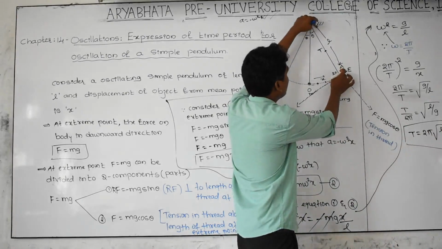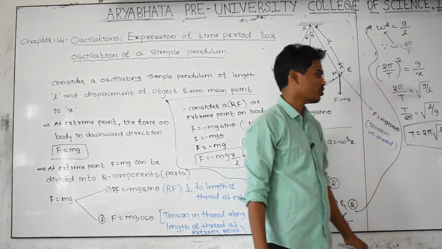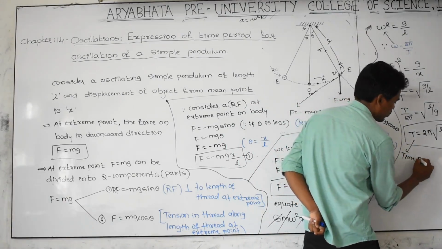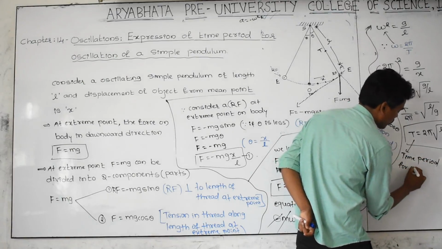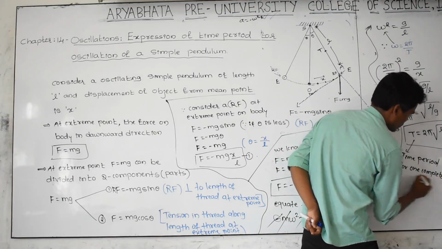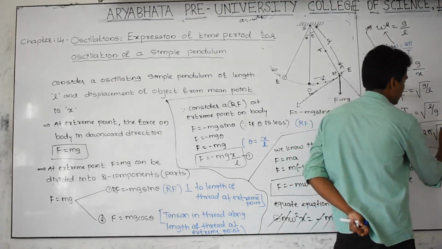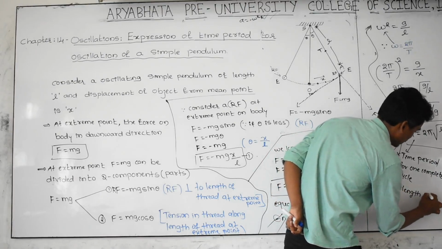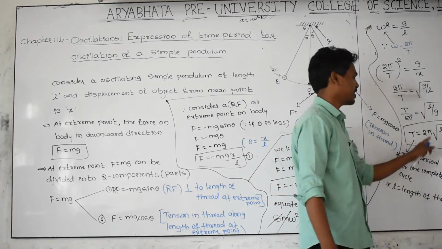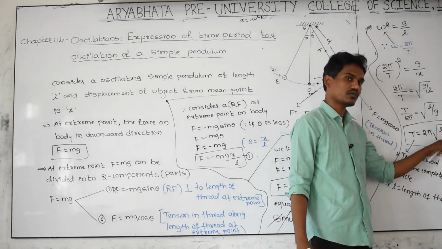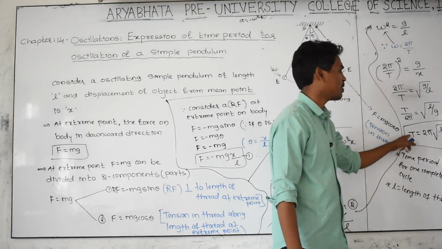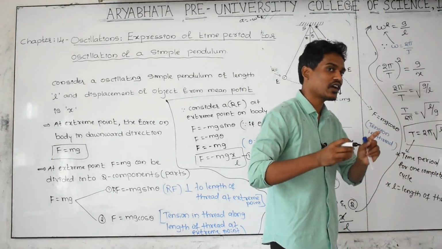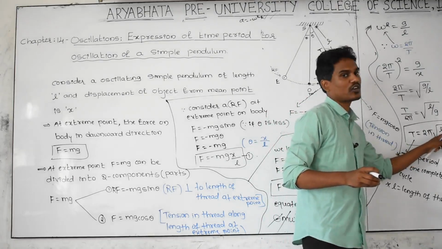L is nothing but the length of the thread, g is nothing but acceleration due to gravity, and T is the time period for one complete cycle. 2 pi is constant, g is constant for a given place where you are doing the experiment, and only T depends upon root of L. L is not constant, you can vary it for every reading.